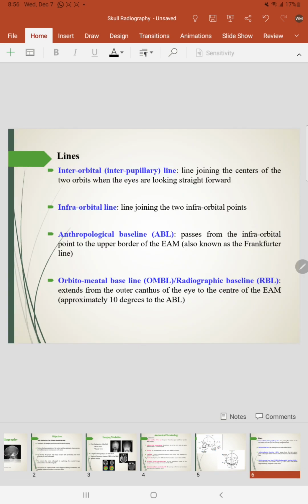Passes from the infraorbital point to the upper border of the EAM. Next one is orbitomeatal baseline or radiographic baseline. It extends from the outer canthus of the eye to the center of the EAM, approximately 10 degrees to the ABL.